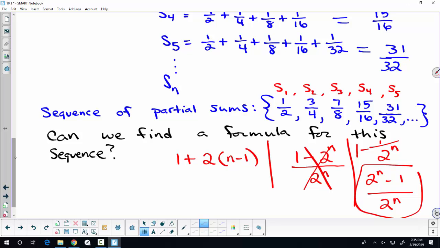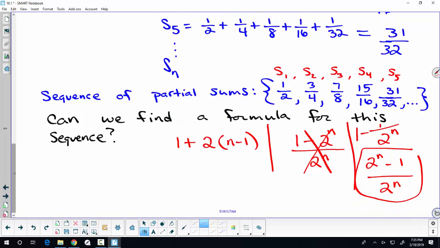Take the limit as n goes to infinity, right? So that way we're calculating the 1,000th partial sum. What happens when we sum 1,000 of the terms, or the trillionth partial sum if we sum a trillion of those terms, right? So that 2 to the n minus 1 over 2 to the n, or the 1 minus quantity 1 over 2 to the n, either one of those is pretty comparable to compute a limit at infinity.